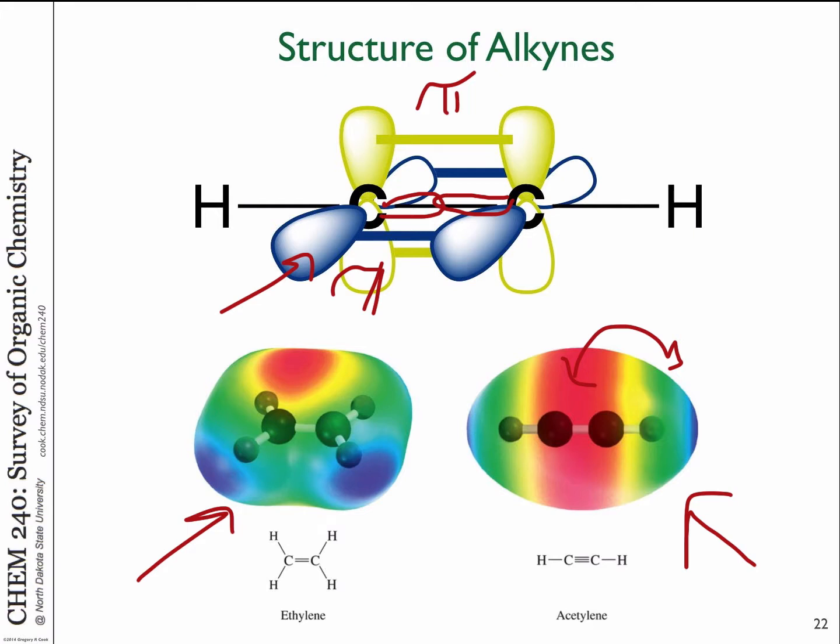So total, a triple bond is made up of 1 sigma and 2 pi bonds. Okay. So in acetylene, there are 3 sigma bonds and 2 pi bonds. There's a CH sigma bond, another CH sigma bond, and a CC sigma bond.